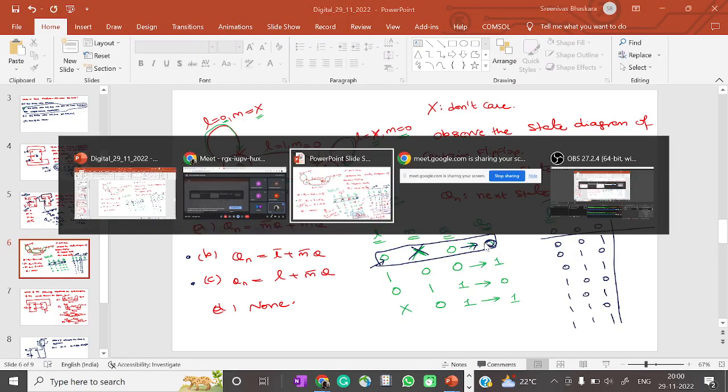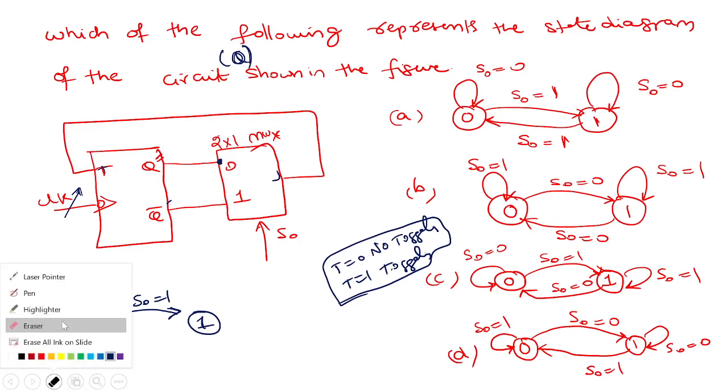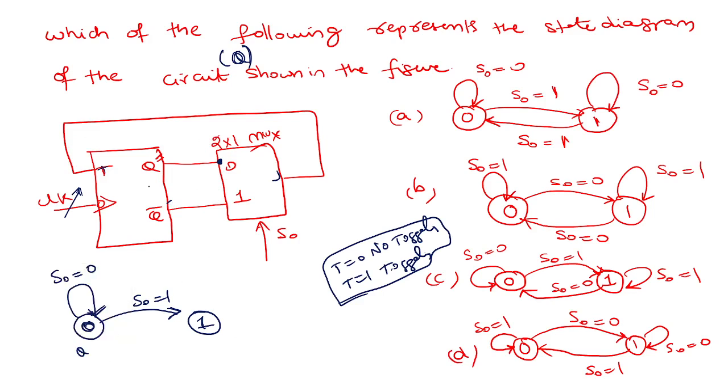Okay, so let me solve this. Anyways, there is no ambiguity. Now what are we doing? I have already done the first part. So let's assume Q is 1. Obviously, Q bar is 0.